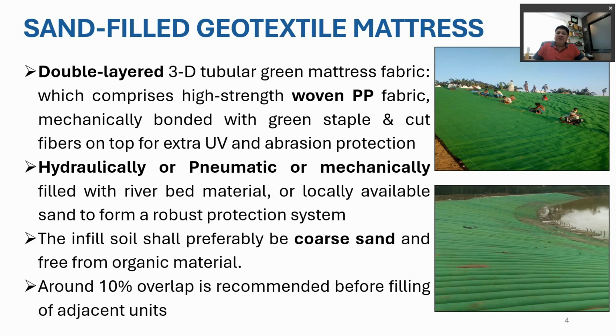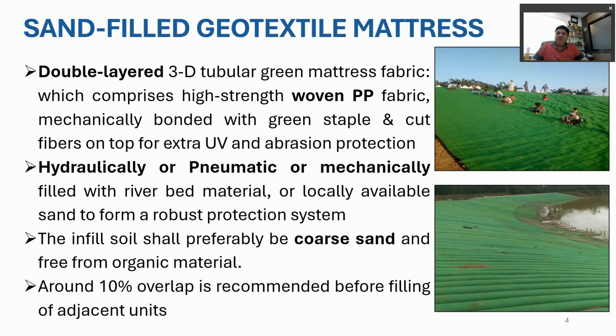The mattresses are laid and filled at site with locally available material or any sand granular fill material. The filling can be done either hydraulically, with water under pressure, or mechanically at site.